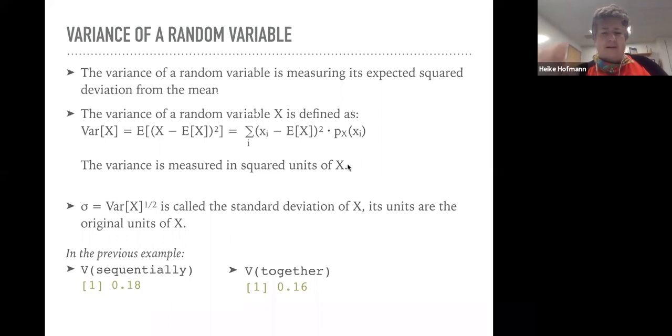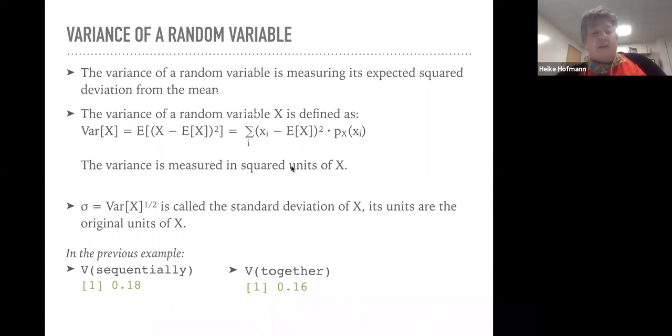So the variance has the squared unit of what the random variable is measured in. If the random variable is in francs, the variance would be in francs squared. If X is the number of chips that we get, the variance would be in squared chips, whatever that means.